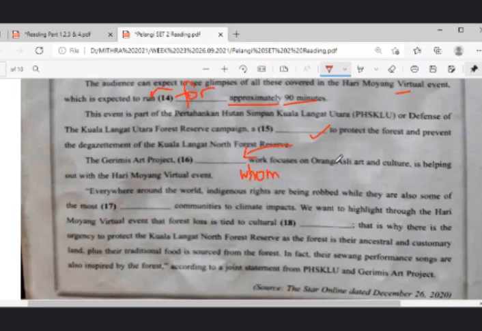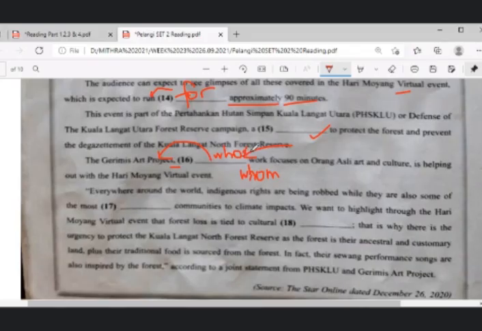The most suitable answer is whose work, meaning that you are talking about their work. That is why you have a comma here. The Gerimis Art Project, whose work focuses on Orang Asli. So the work of this project is to focus on Orang Asli. So the answer for this question is whose.